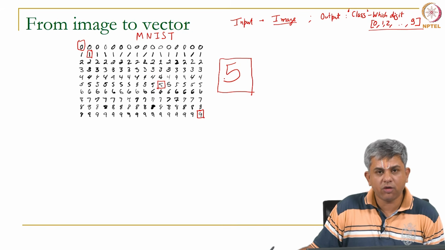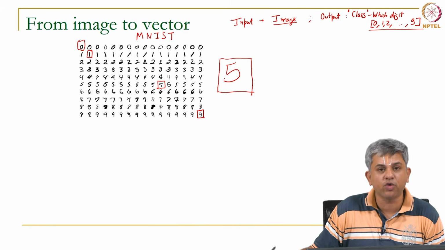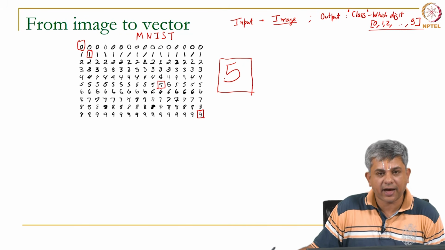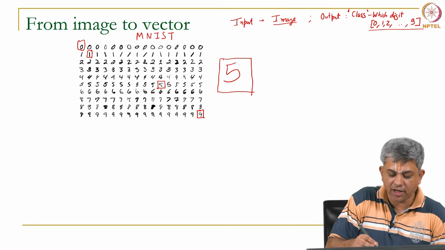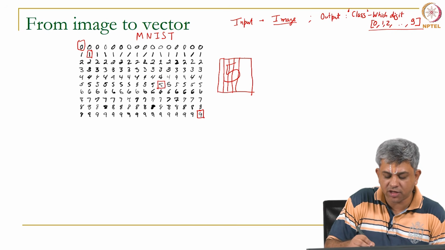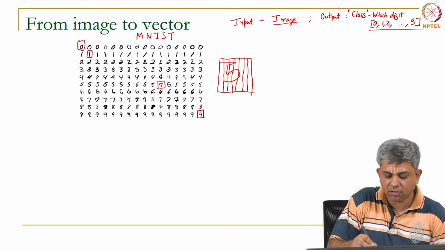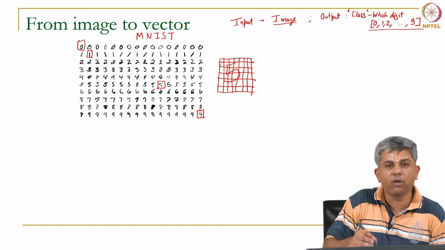Now, we know that this image that you are seeing on your screens is dependent on the resolution of your screen, and the way it is actually represented in the computer is through a series of pixels. So, the machine has a whole bunch of pixels.